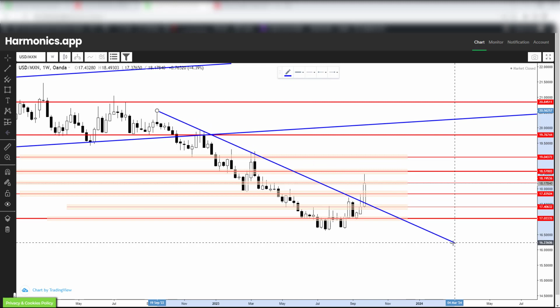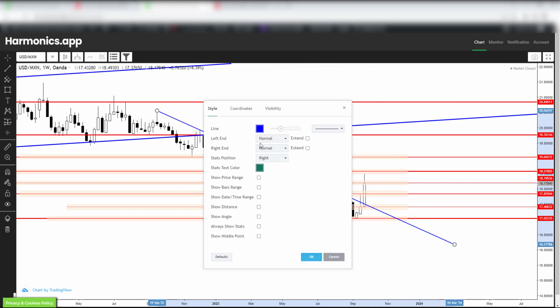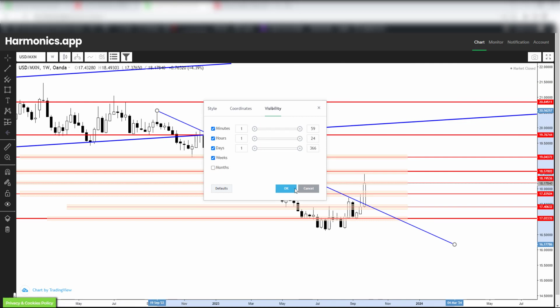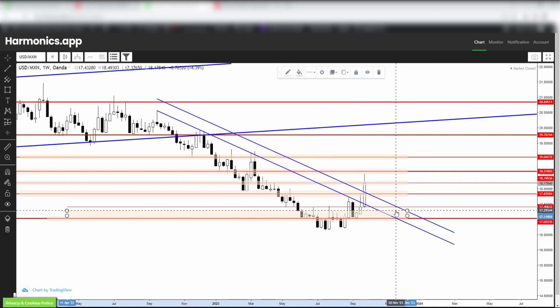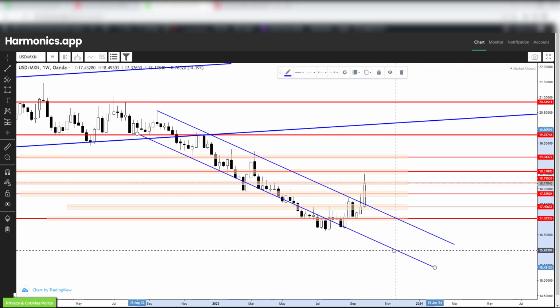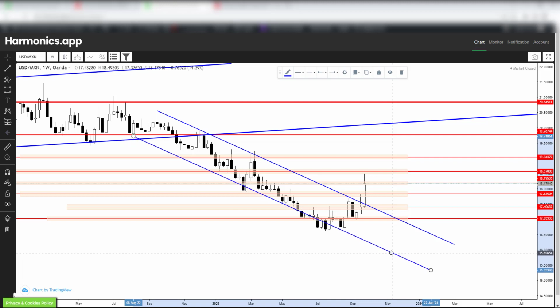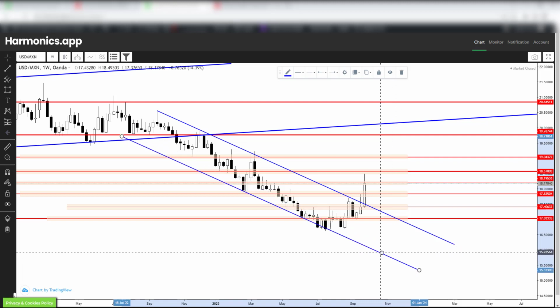Let's change the thickness like this. Visibility on weeks only and below. This one we need to move to the bottom side of this channel, and here it is, not very good.